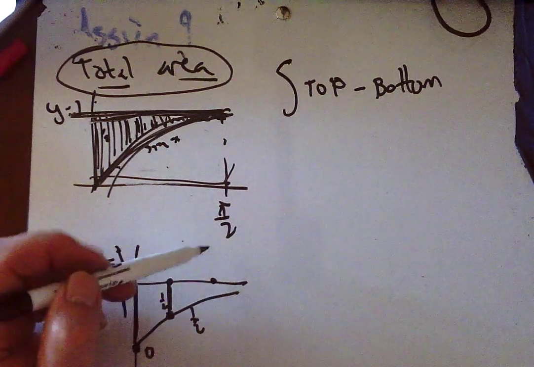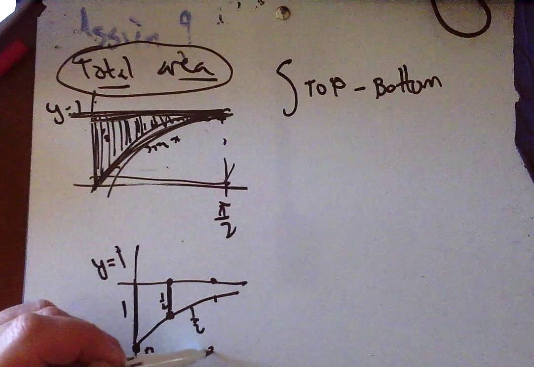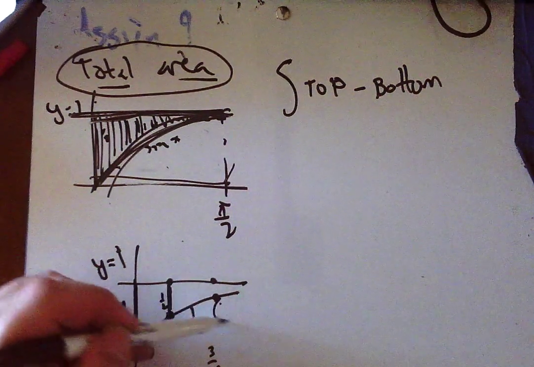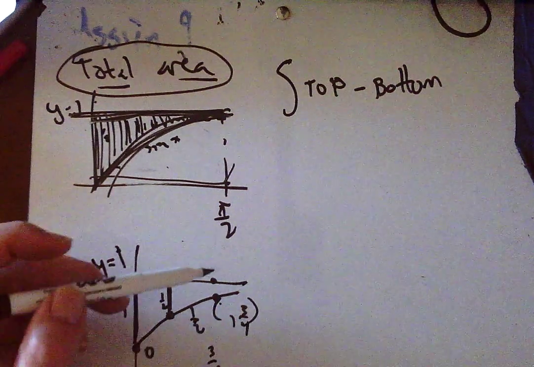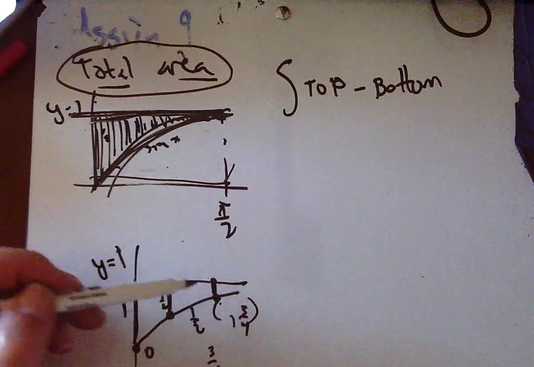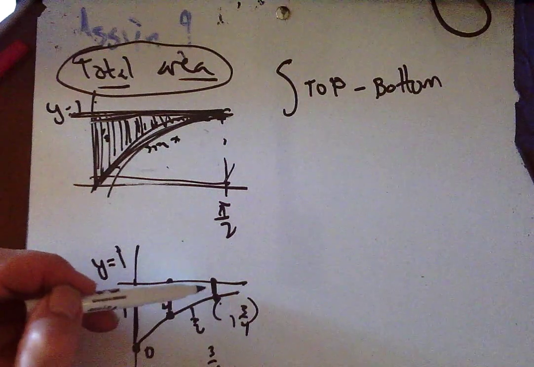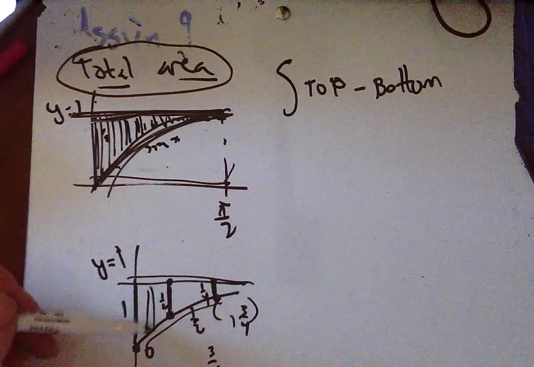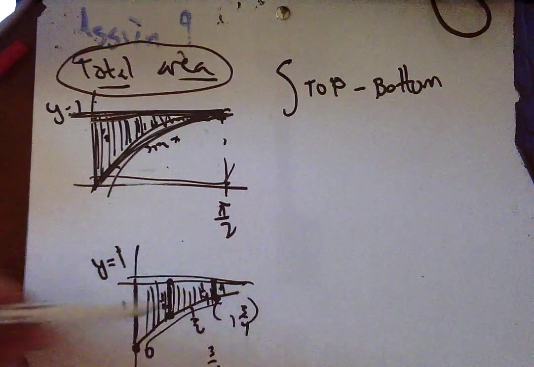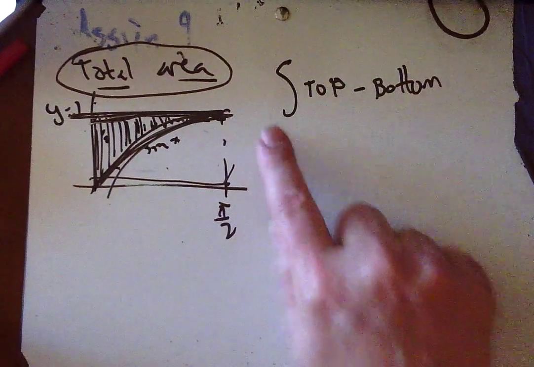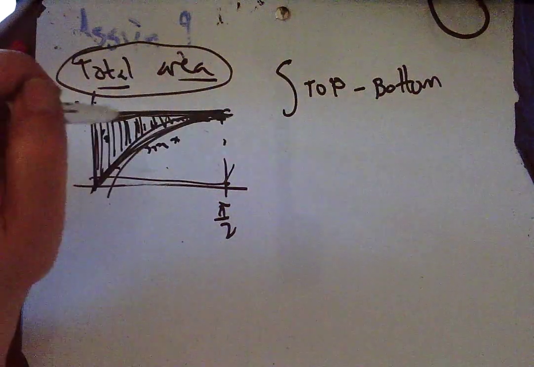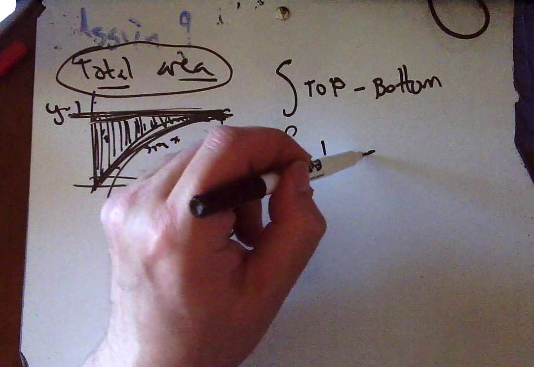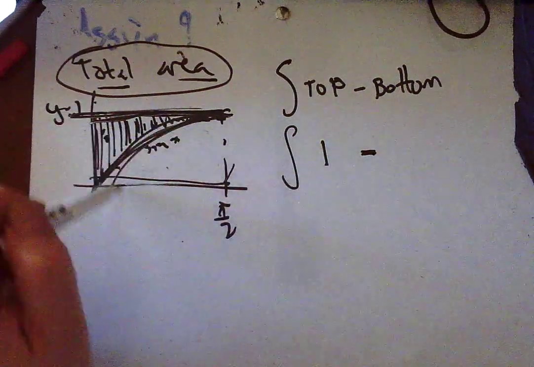And over here, the y value there is 3/4. I'm going to have this shorter distance, 1 minus 3/4, or 1/4. So really, top minus bottom is just finding the length of each of these segments. And then I'm adding them all up. So what's our top function? Well, it's this horizontal line, y equals 1, minus the bottom function, this sine x.